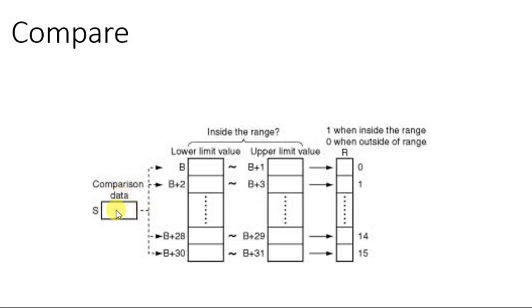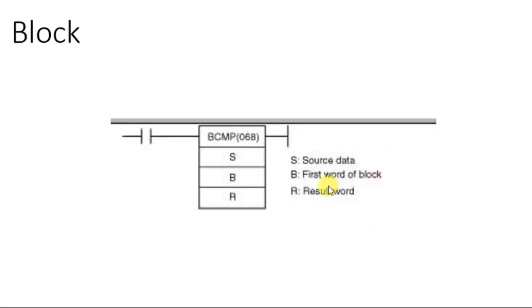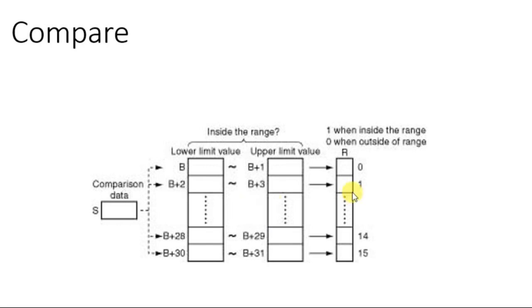This is the one we are going to compare with B. B is the block, the first word of block. B has some ranges of values, which I'll explain in the example in a better way. And R is the result storage place.